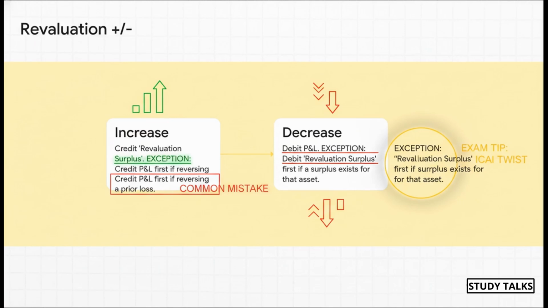Now, what if the value decreases? The logic just flips. Normally, a loss would go straight to the P&L. But if you already have a revaluation surplus for that specific asset from a prior revaluation, you have to use up that surplus first. You debit the surplus until it's gone, and only then does any remaining loss hit the P&L. The golden rule is you always reverse the previous entry for the same asset first.